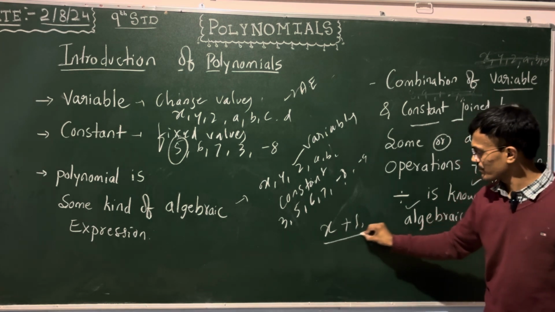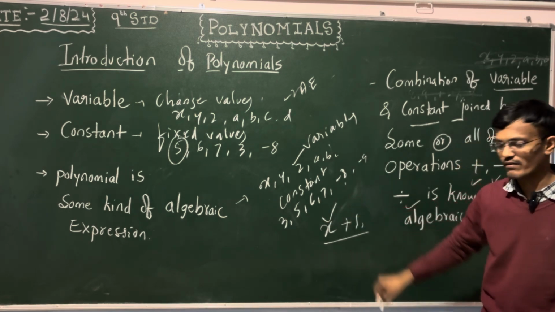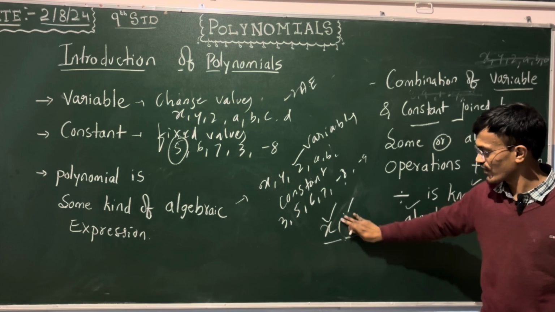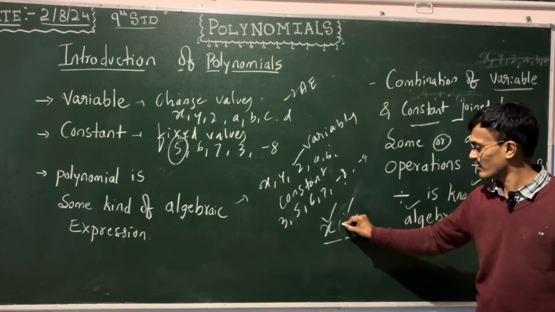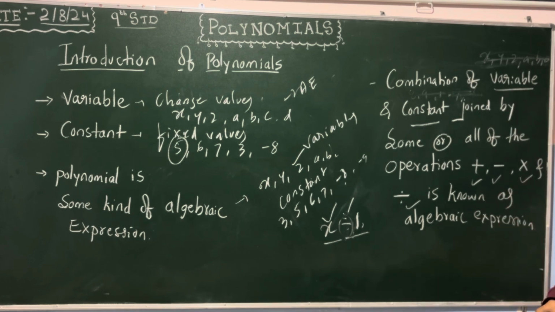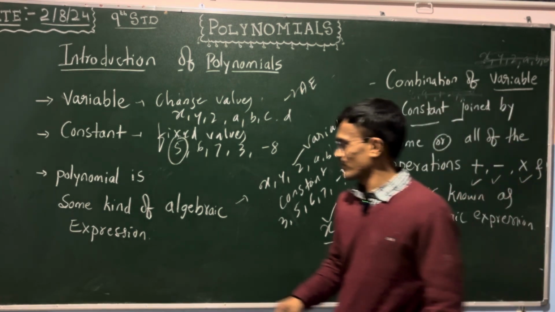So in an algebraic expression we use variables and operations, plus, minus or division, and one is the constant term. So these are the variables.